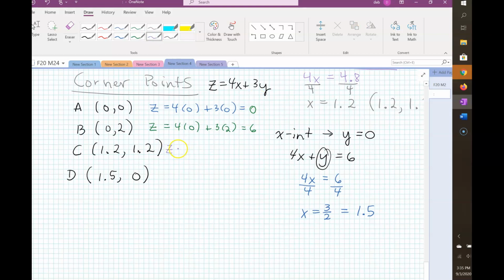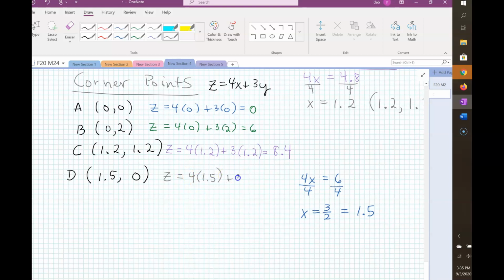Then for C, I'm going to have 4 times 1.2 plus 3 times 1.2. And that's going to give me 8.4. And then for point D, I'm going to have 4 times 1.5 plus 3 times 0. And that's going to give me 6.